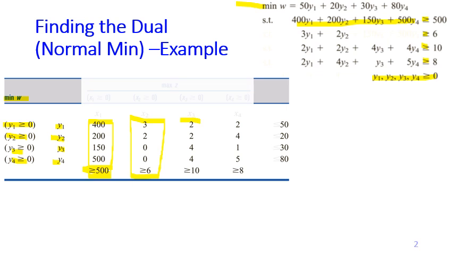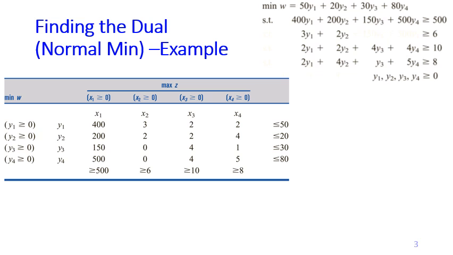That's the second constraint, this is the third constraint, this is the fourth constraint. And then you write down the coefficients of y1, y2 up to y4 in the objective function on the right hand side here, 50, 20, 30, and 80. So that's how you put all the information from the given primal minimization into the table. So always read the table down for a minimization problem.